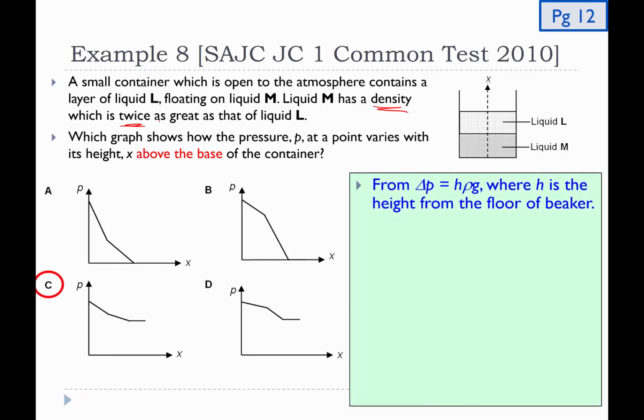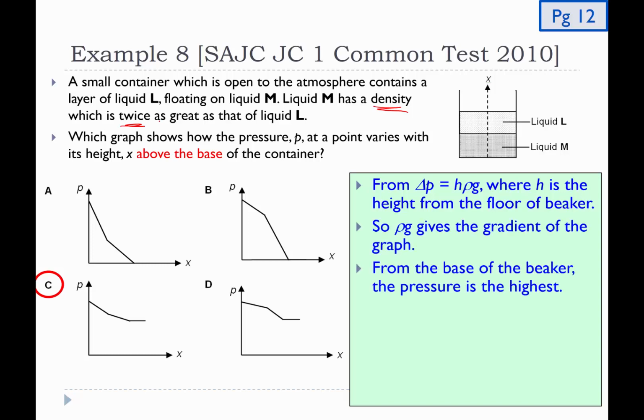Why? From the equation P equals h rho g, rho g is basically the gradient of the equation. So the higher the density, the larger the gradient. And the pressure at the bottom should therefore be the largest since there is both air as well as liquid pressure acting on the bottom of the container. So it should always start at the highest point.